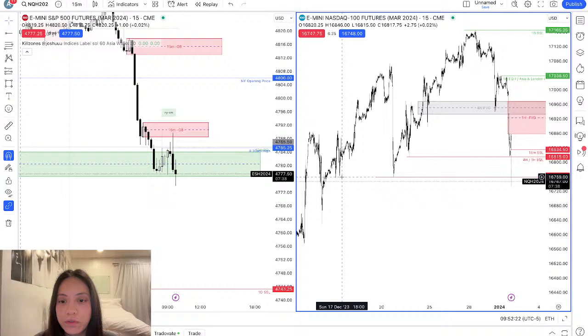I feel like I usually never see this much of a disparity between ES and NQ.